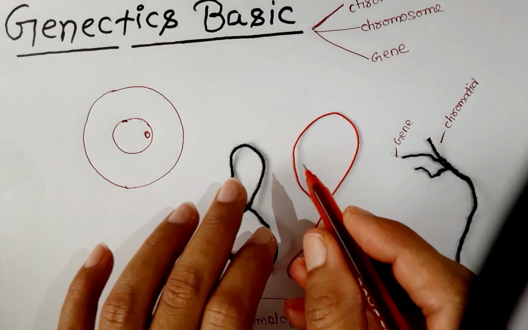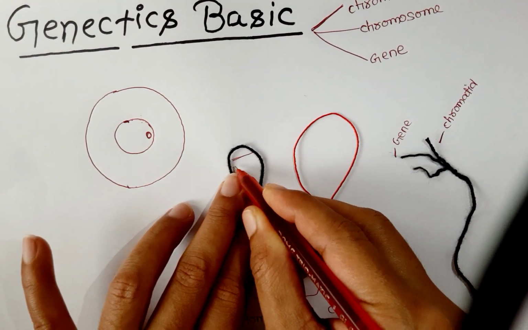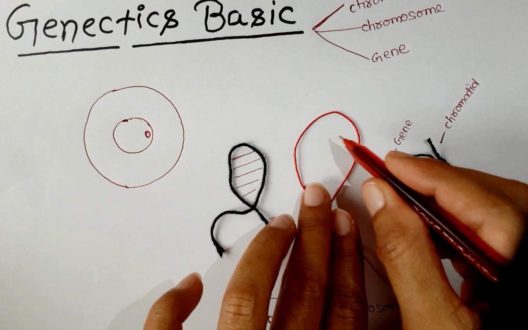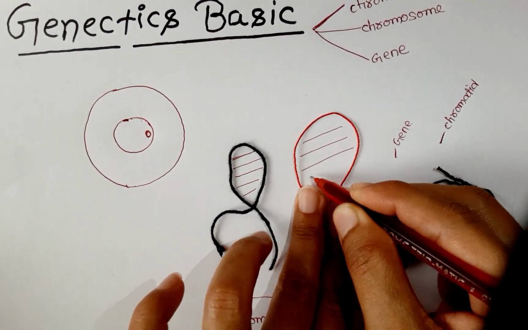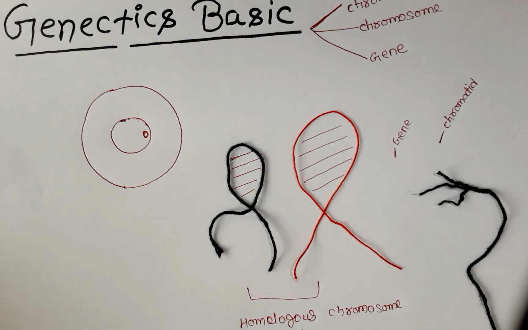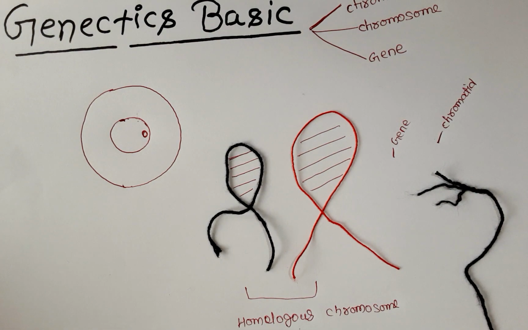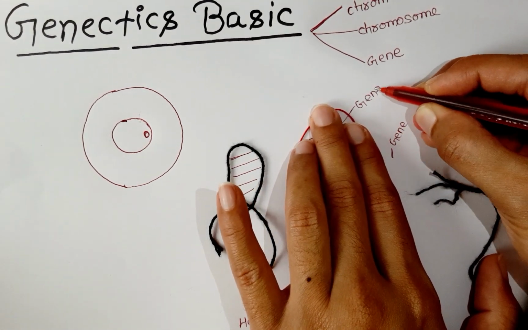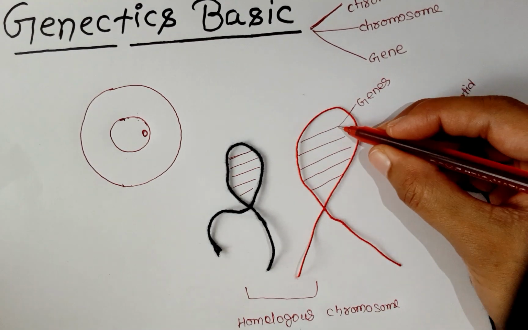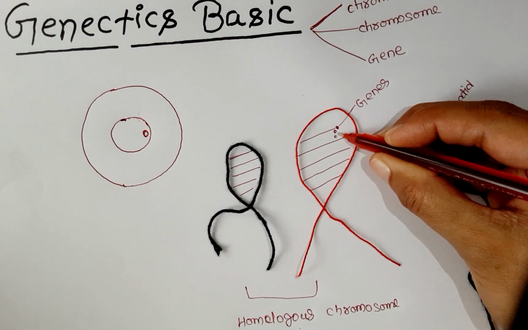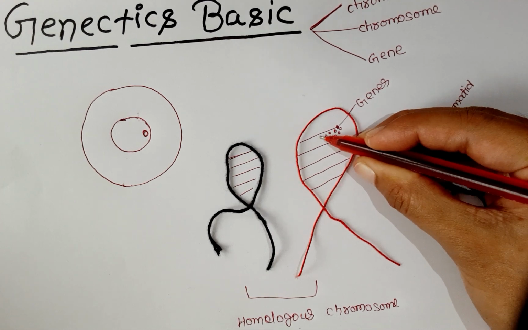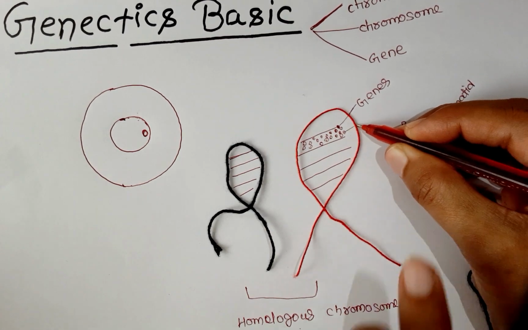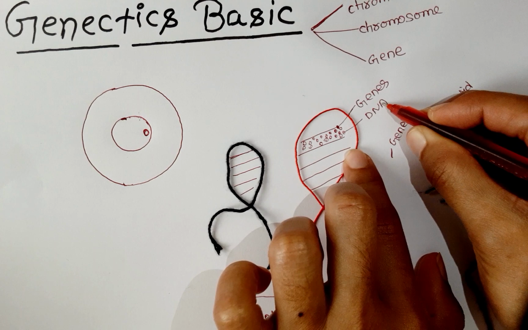And there is a structure like this here also. This makes genes, and in this there are some small molecules which together make genes, and these small molecules are known as DNA.